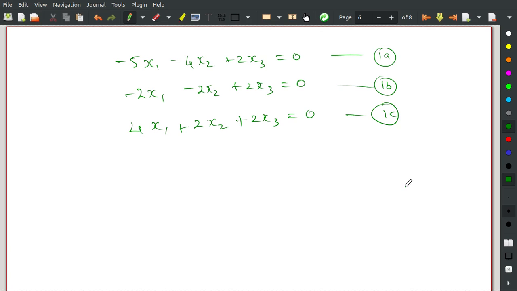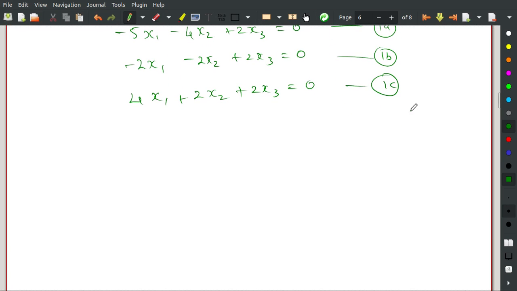Let us choose x1 equals 1 here. We can take any two of these equations.